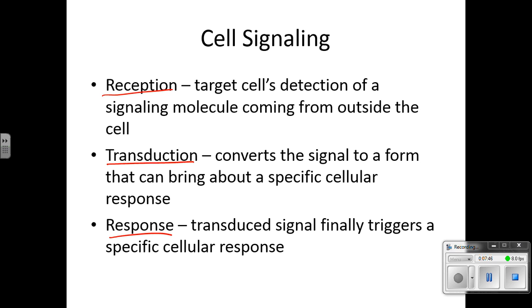Transduction is converting the signal to a form that can bring about a specific cellular response. And the response is when it actually triggers a specific cellular response. So reception is the target cell's detection of the signal. Transduction is converting the signal, and response is actually producing some kind of cellular response to that signal.